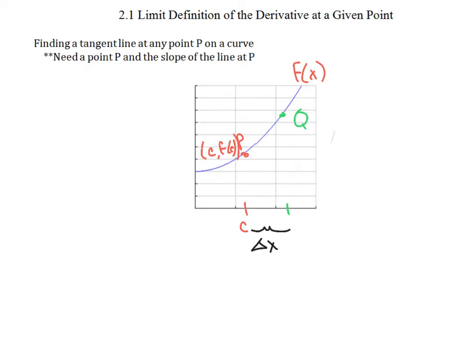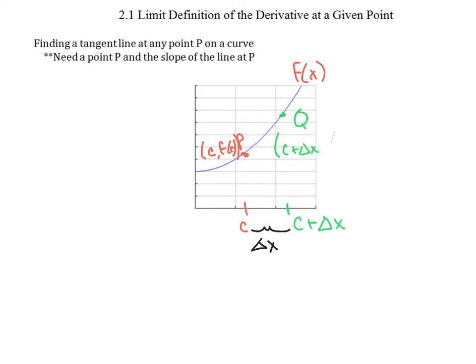Now Q is a point that I've gone over delta x from c, that means that the x-coordinate at Q should be c plus delta x. So when I go to find the coordinates at Q, the input is going to be c plus delta x.